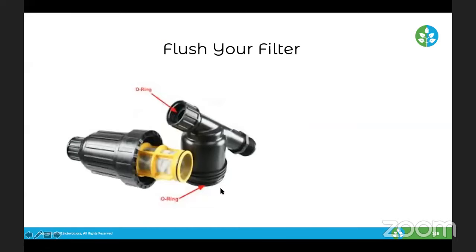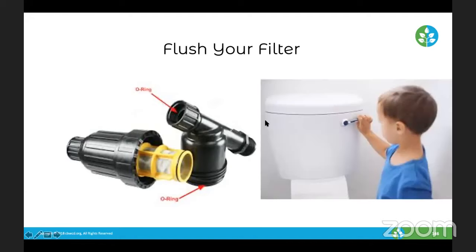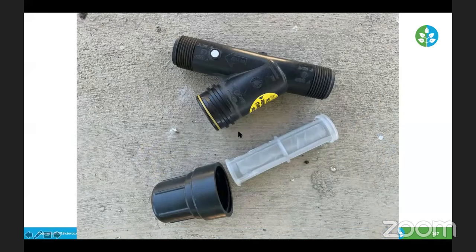One very easily forgotten and very important task with drip irrigation is to flush the valve or flush the filter, right? Not in the toilet, just flush it. And here's another breakdown.